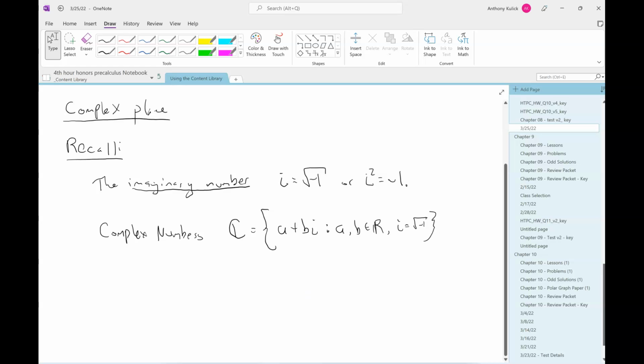You guys all kind of remember this from last year. Note that one of the key features of the complex numbers is they're not orderable.